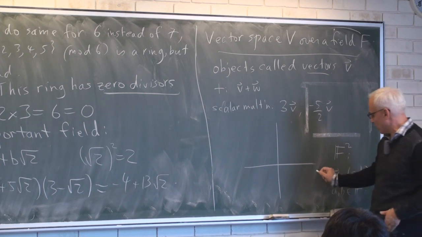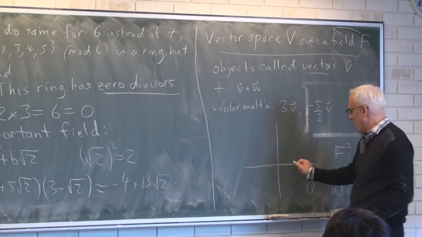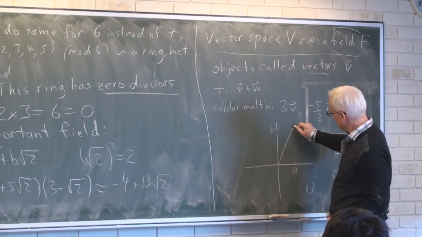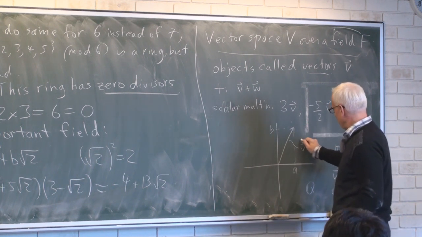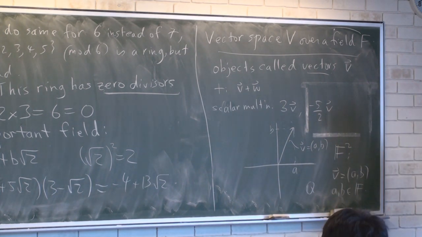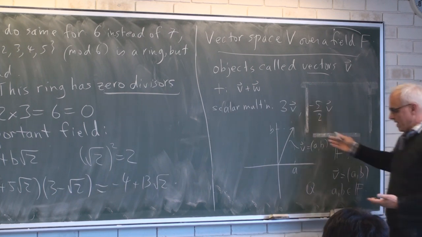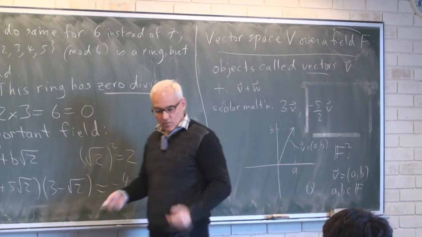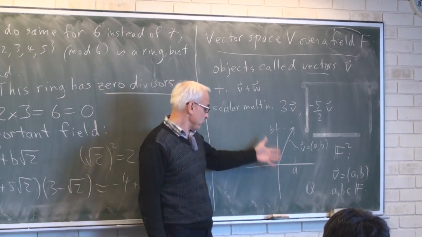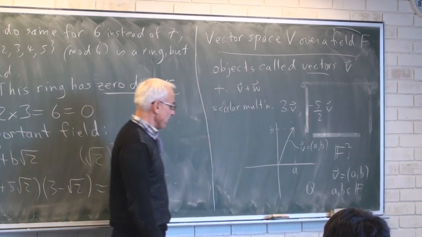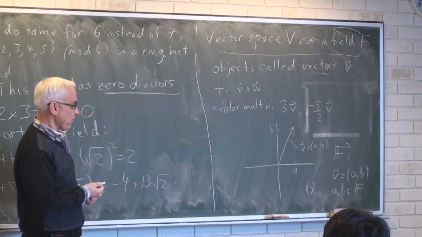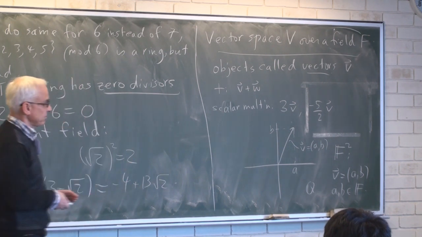If the field is the rational numbers, for example, we can visualize such a pair in the usual way as a directed line segment: the vector v equals (a, b), a vector in the plane. So a vector space is a natural algebraic object that allows us to deal with two-dimensional or three-dimensional situations, and it's a very fundamental building block for other kinds of algebraic objects.